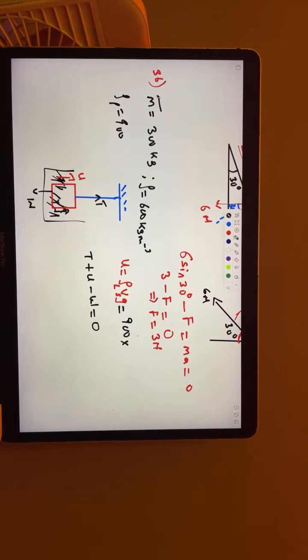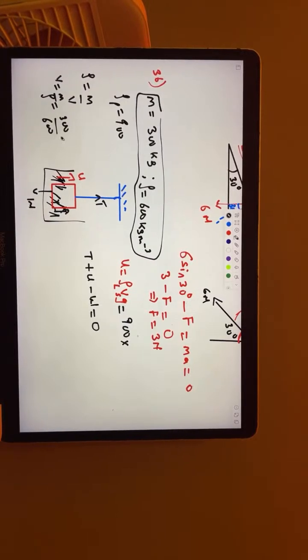We were not given the volume directly, but with this information we can get it, knowing that density equals mass over volume. That means volume equals mass over density. That is 300 over 600, which is 0.5 meter cube. That's our volume. But don't forget, it is half of it that was immersed.